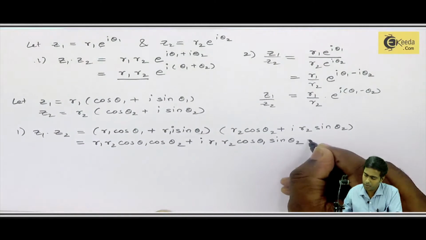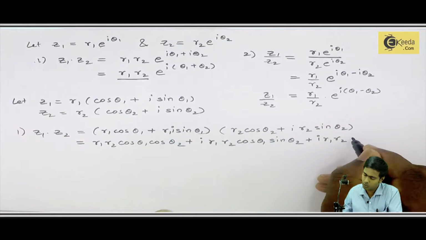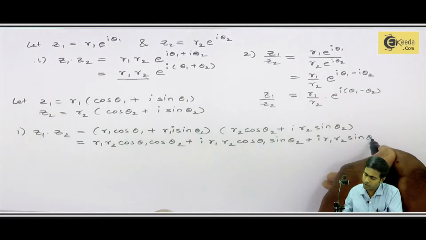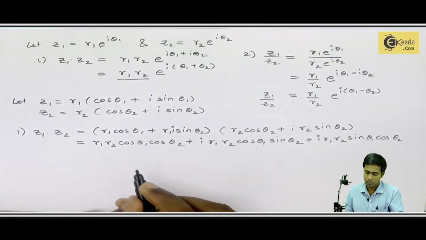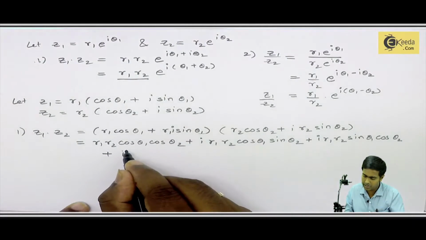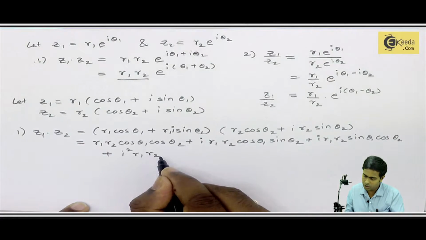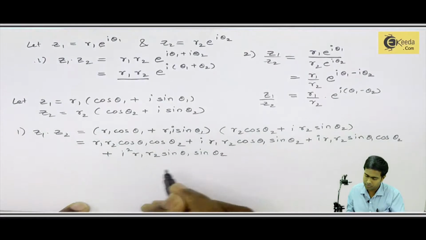So it will give me plus i r1 r2 sin theta 1 cos theta 2 plus, this term into this term will give me i square r1 r2 sin theta 1 into sin theta 2.